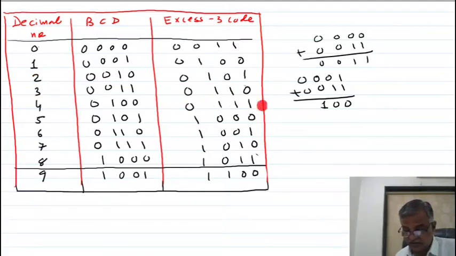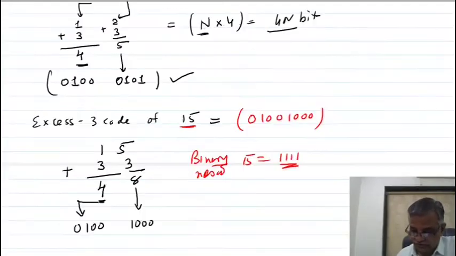You can check. 7 plus 3 is 10, 8 plus 3 is 11, 9 plus 3 is 12. In this way you can write the XS3 code of single digits, and for double digits I have shown this way, you can write the XS3 code of any decimal number.